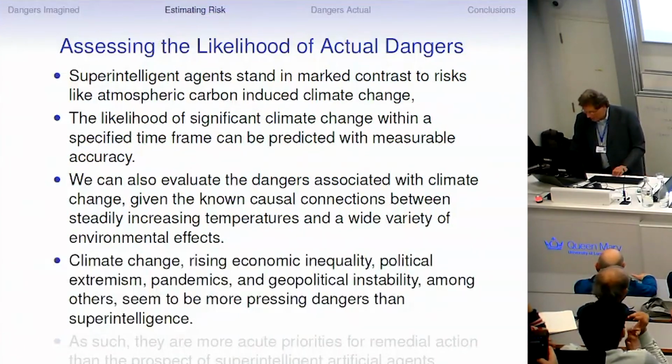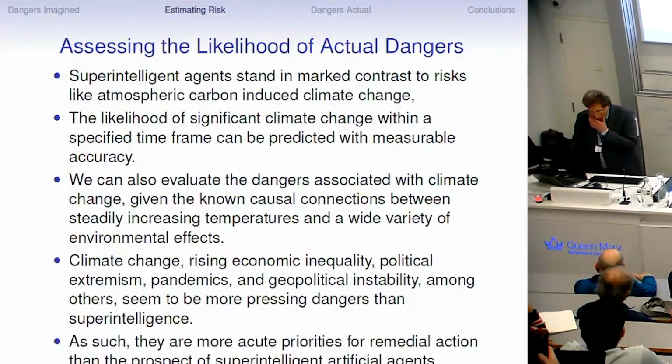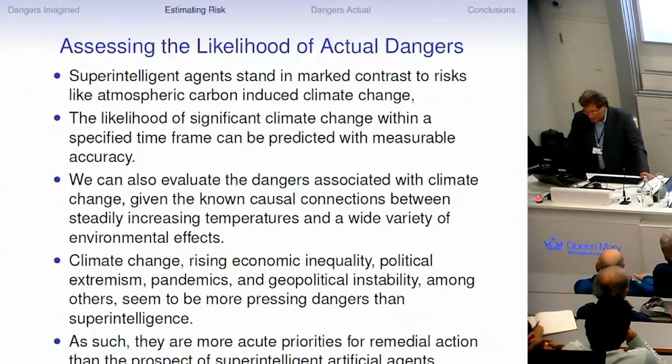And therefore, we are in a position to say that things like climate change, but other things too, which admit of this kind of very precise assessment, should be the actual things we're worried about, and thus our priorities for remedial action.